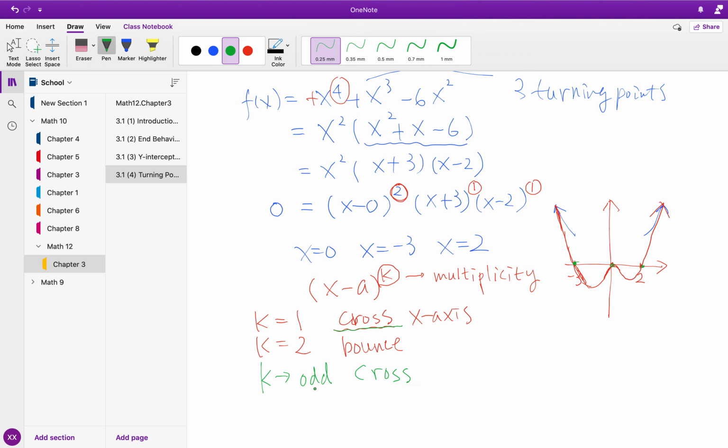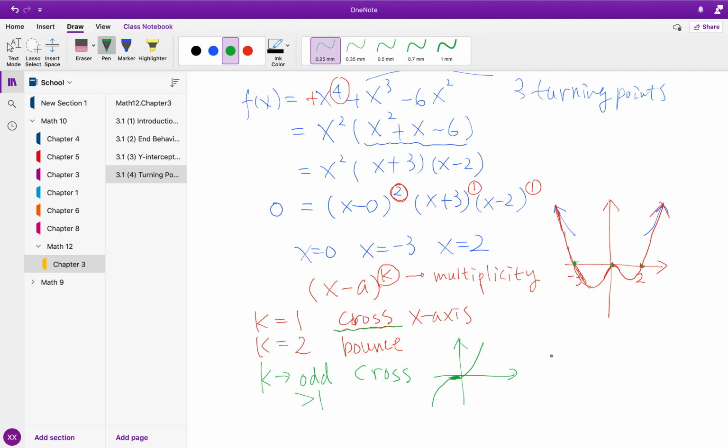But when it crosses, it seems like it's going to bounce. It's like it has some resistance, so the crossing is longer.